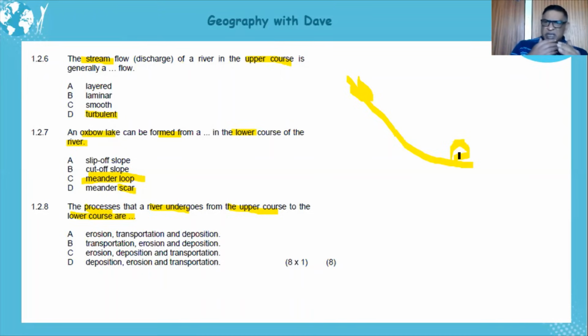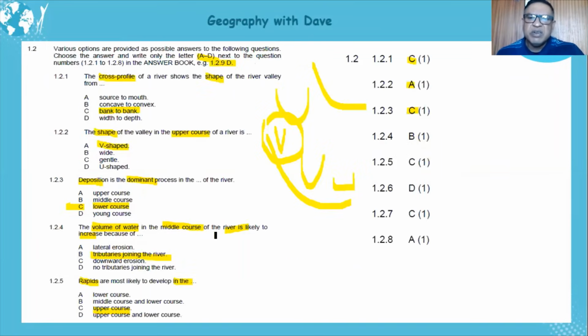Okay, in terms of how we approach this sort of question, it may be a challenge here. I always like to use the word challenge, but we can still work through the challenge. So I would go with this one: erosion, transportation, and deposition. And I'd like to look at it. Yes, it's A, erosion, transportation, and deposition.